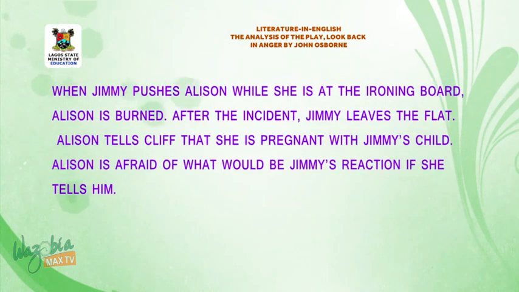When Jimmy pushes Alison while she's at the ironing board, Alison is burned. After the incident, Jimmy leaves the flat. Alison tells Cliff that she is pregnant with Jimmy's child. Alison is afraid of what Jimmy's reaction will be if she tells him.